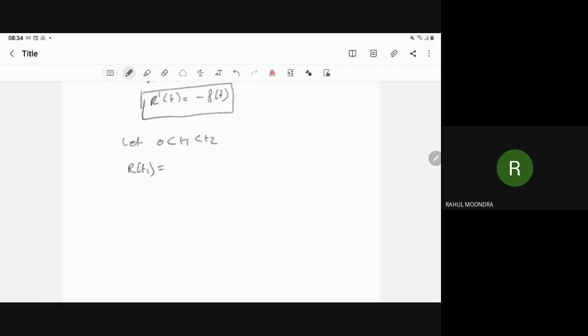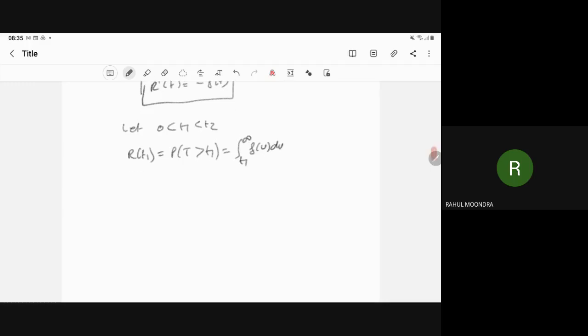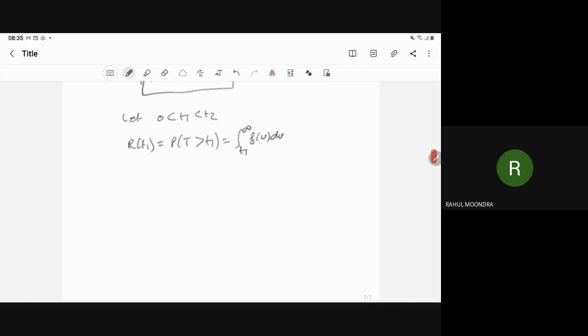By definition, R(t1) is the probability that T is greater than t1, which is the integral from t1 to infinity of f(u) du.